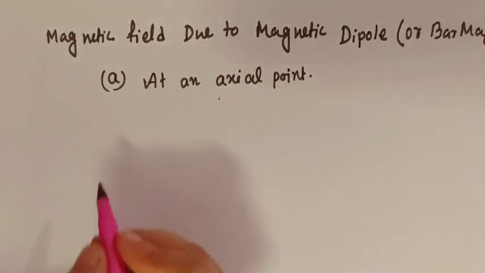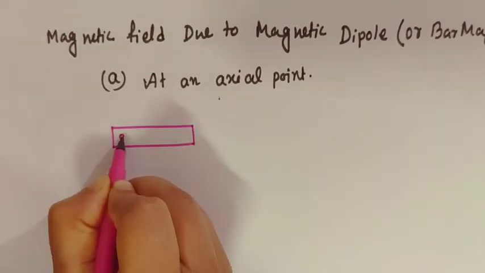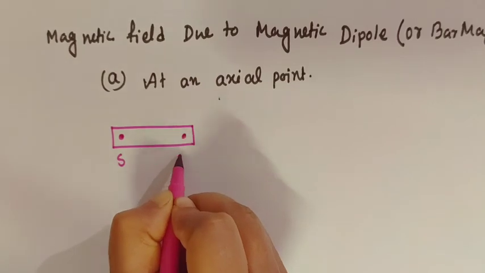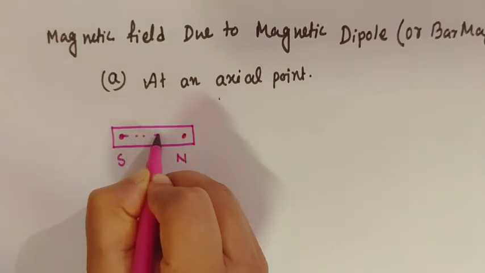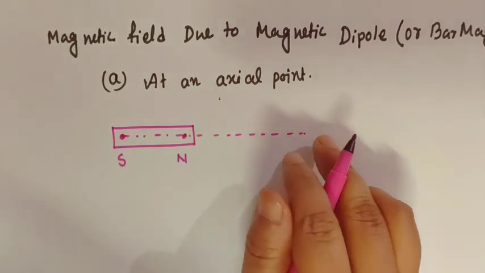So we have to draw one diagram. This is our S pole, this is the N pole, and one axial point. The point on this axis is the axial point.